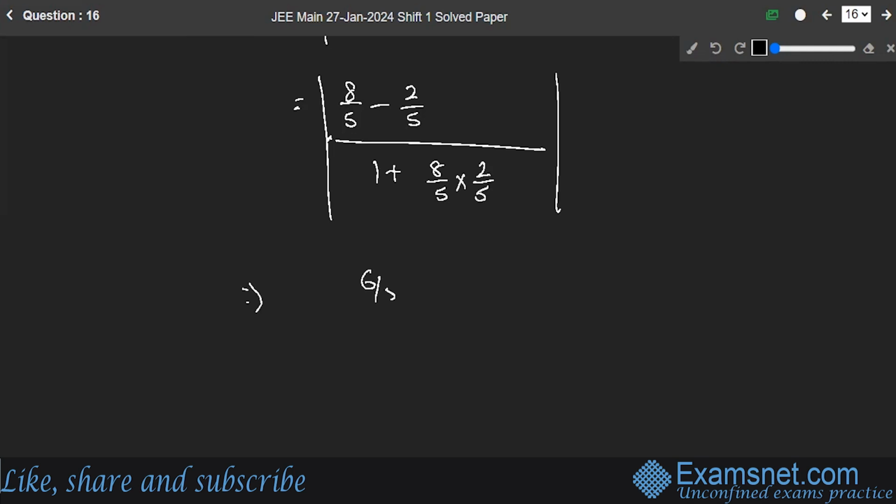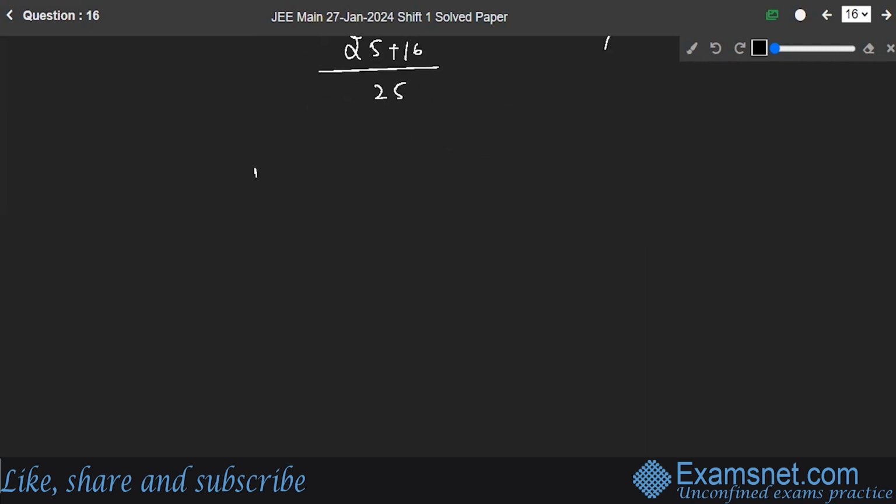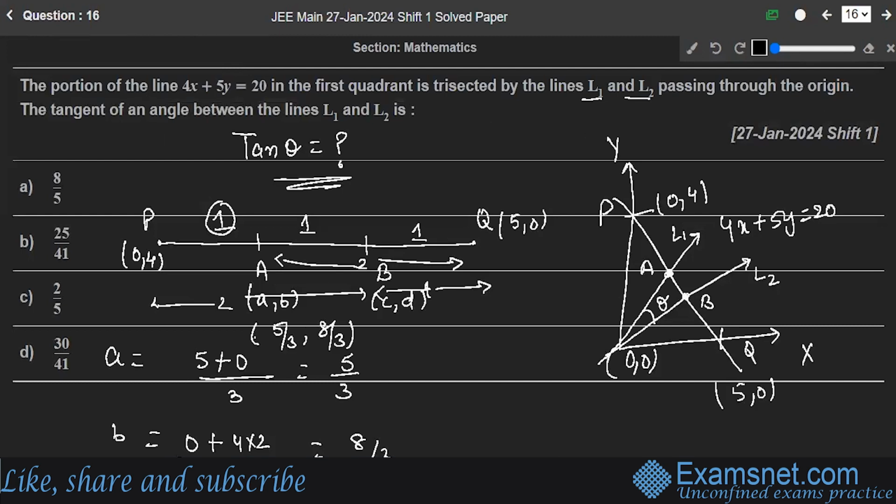So you have 6 by 5 upon 41 by 25, or 6 by 5 into 25 upon 41. So this makes it 30 upon 41. So the tangent of the angle between the two lines is 30 upon 41. That makes the D option the correct choice. Hope you're clear with this.